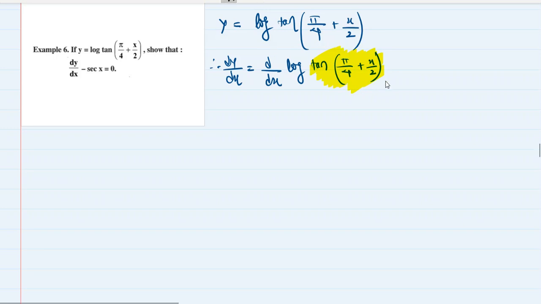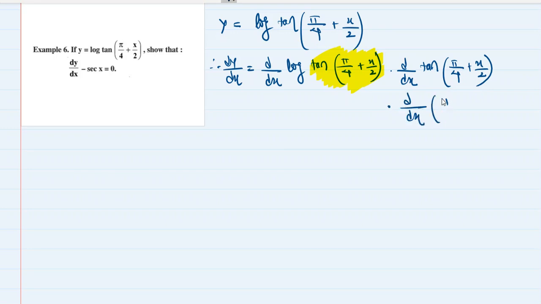Then we proceed with the chain rule and write d by dx of tan of (pi by 4 plus x by 2), multiplied by d by dx of just pi by 4 plus x by 2. And in the second step, we treat this as x, the stuff which we don't touch. Now we can easily find the value of dy by dx.